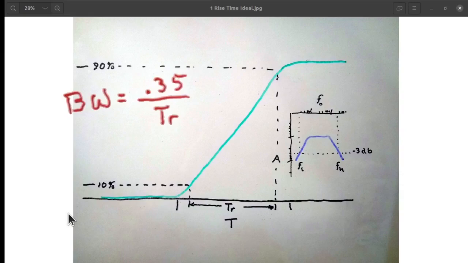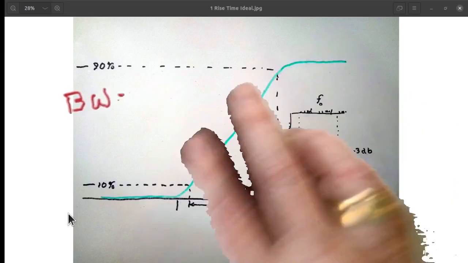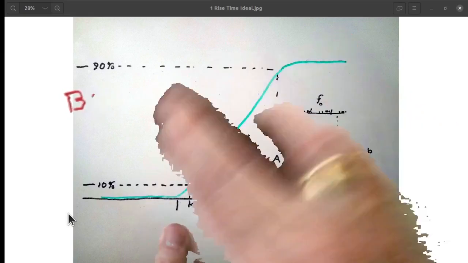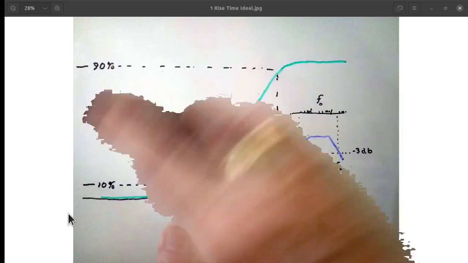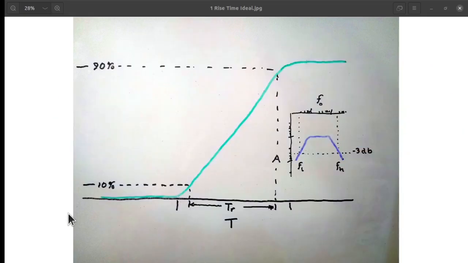Okay, I'm going to erase that. Now this is for an ideal Risetime.